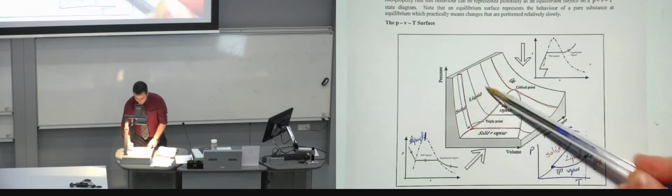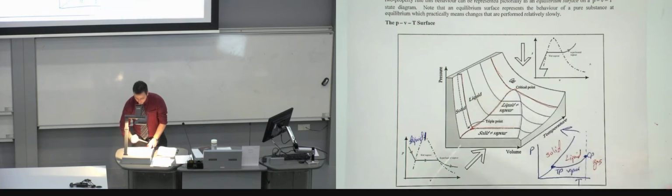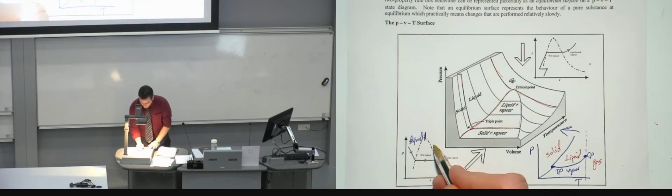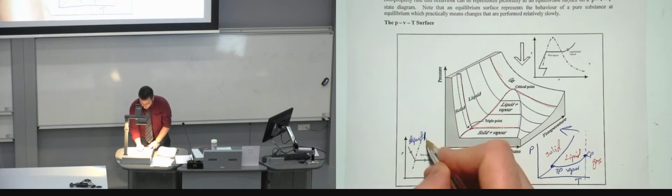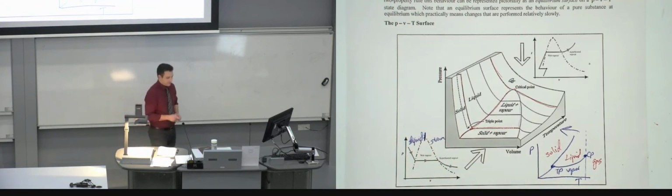You can see here as well, anything left of this line will be liquid. Anything on the right-hand side of this line and beyond this critical point would be your steam. If it's water, for example, let's just talk about steam. And what is here in the middle is what they call wet vapor.